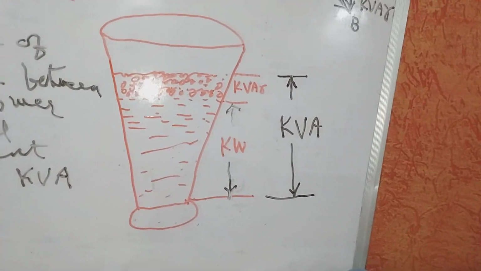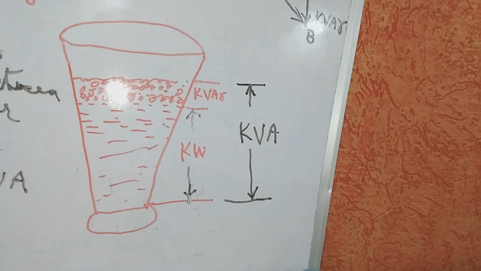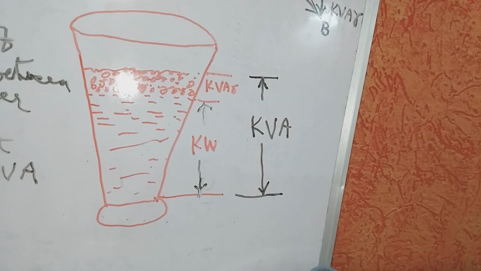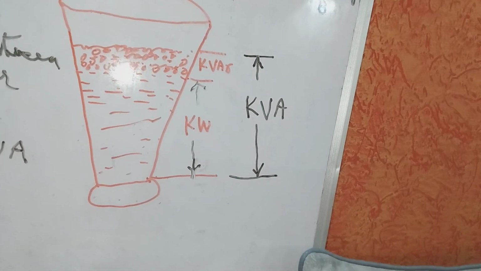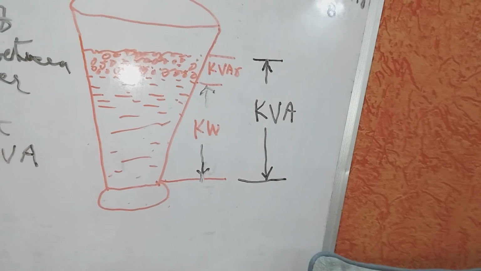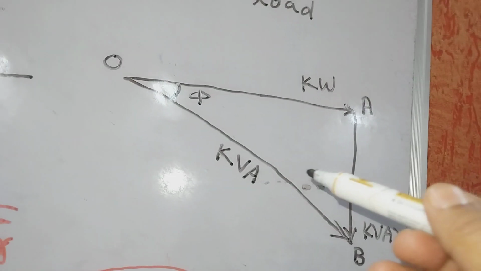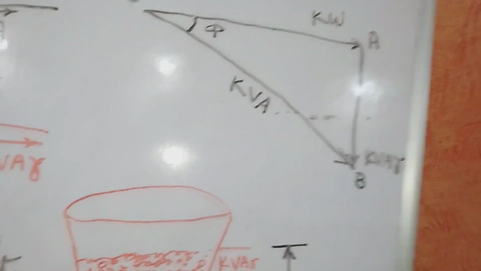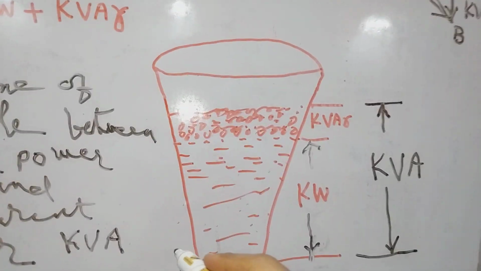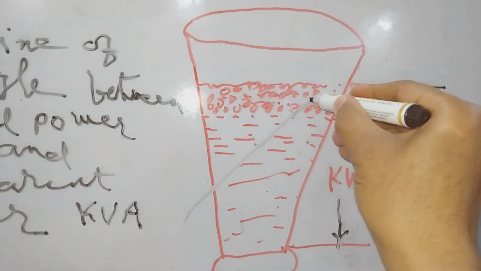This describes power factor only if kVA were the algebraic sum of kW and kVAR. That is wrong. kVA is the vector sum of kW and kVAR. So this is rejected.